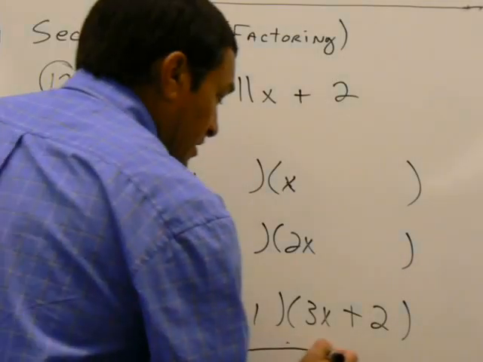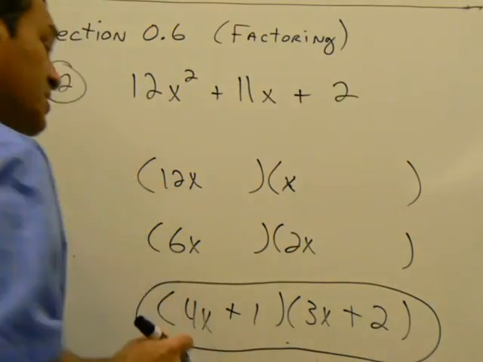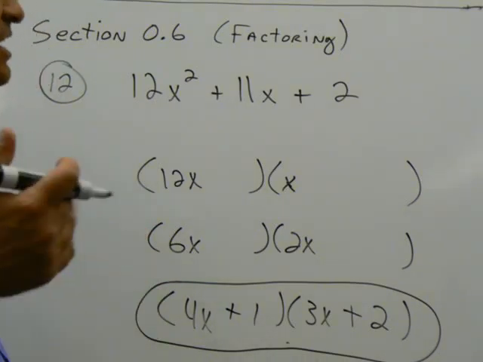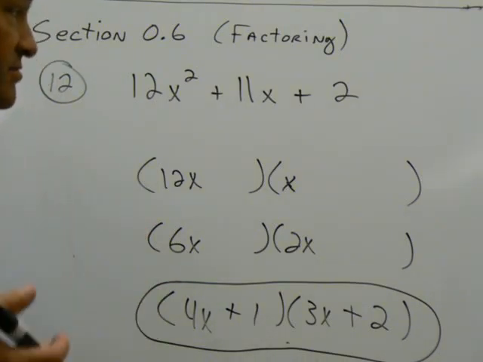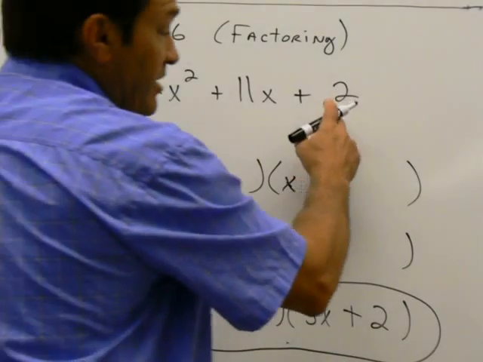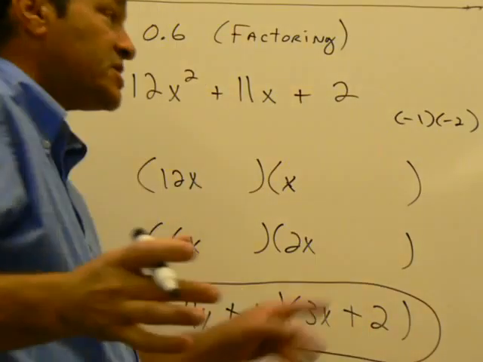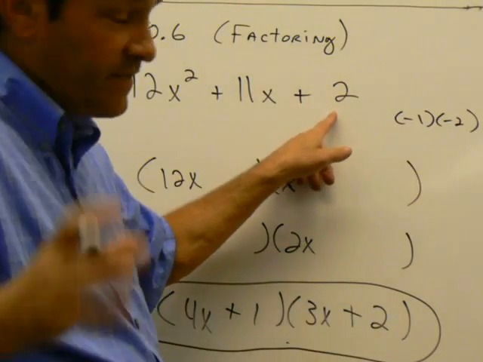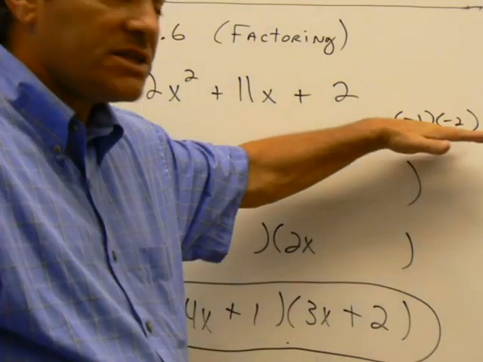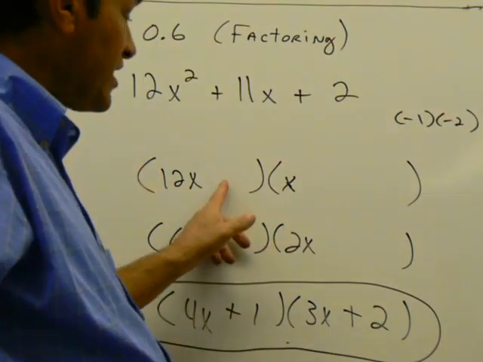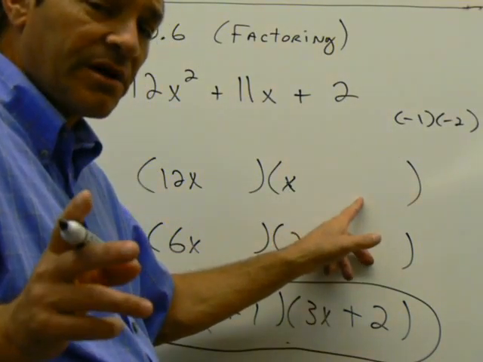Now, there is something that I didn't mention, but it's certainly a possibility, and if you're thinking like you ought to on these, you might be saying to yourself, well, Professor Joyner, I could have multiplied a negative 1 times a negative 2 and still arrived at a positive 2, and that's correct. But the reason I didn't even consider putting a negative 1 and a negative 2 here, think about it for a moment.